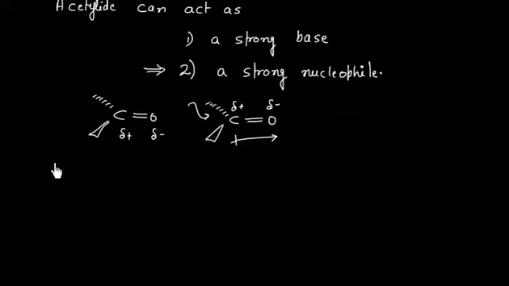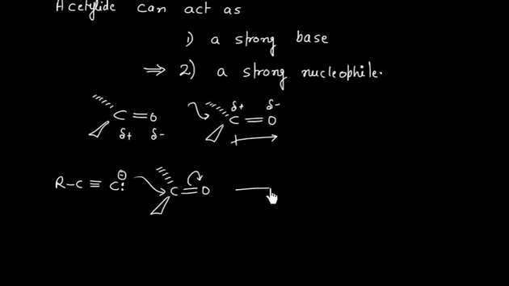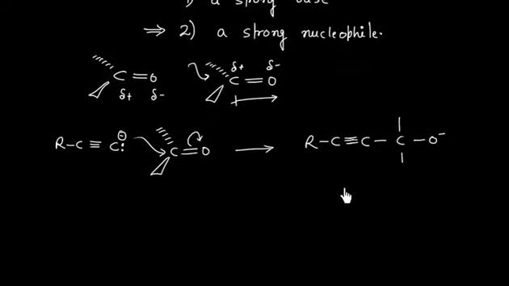So what happens when acetylide ion attacks on this carbonylic carbon? This opens and this gives alkoxide ion.